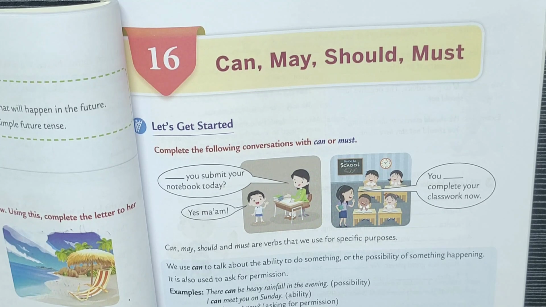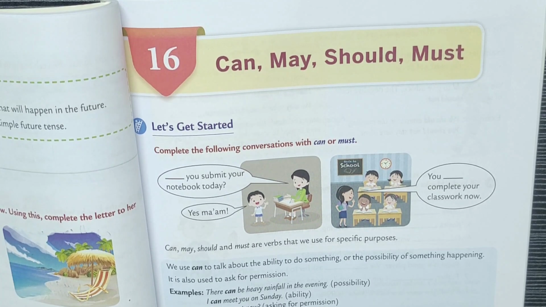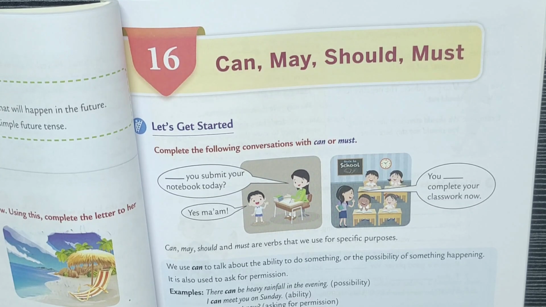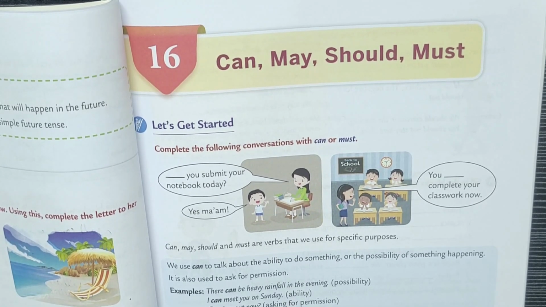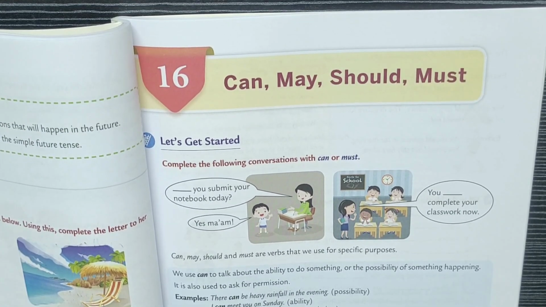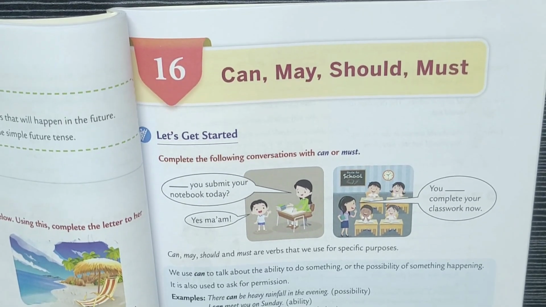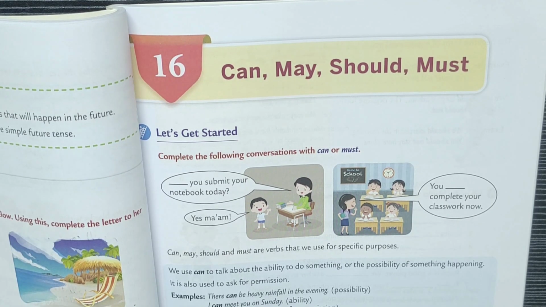And next, may. Where do we use may? When we ask permission or when it shows possibility, then we will use may. Okay. The negative form of may is may not. We use must to show the importance of doing something. So must is used when we have to express strong feelings.